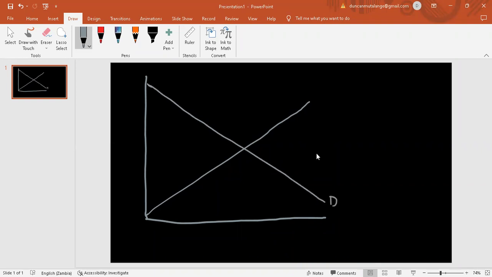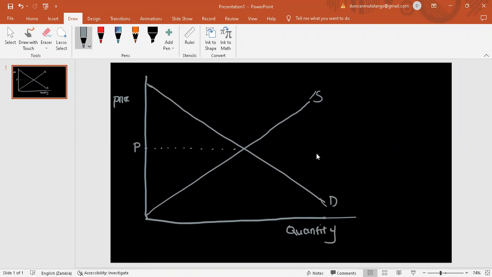So we can label this as a demand curve, and this is the supply curve. I don't have a ruler, but I believe you can draw something better. And this we can state is our equilibrium price, right? So this is our equilibrium price, and on the y-axis here, we know that we have got price, and here we have quantity. So it can either be quantity supplied or quantity demanded.